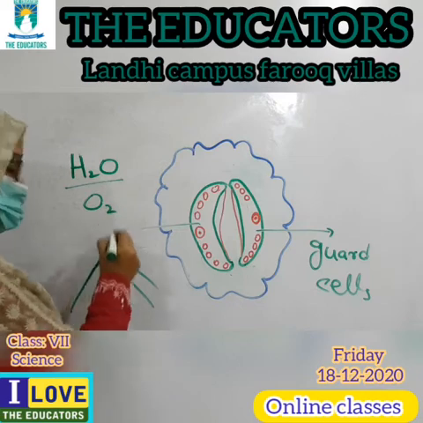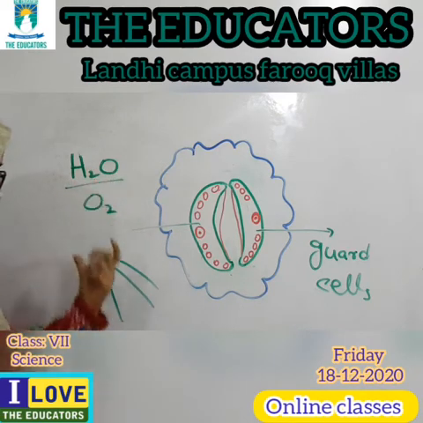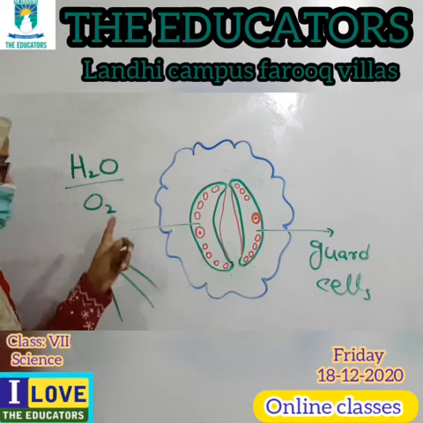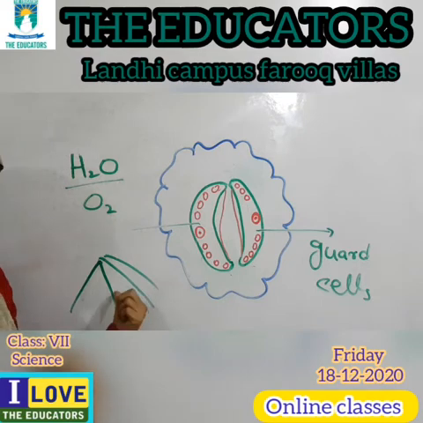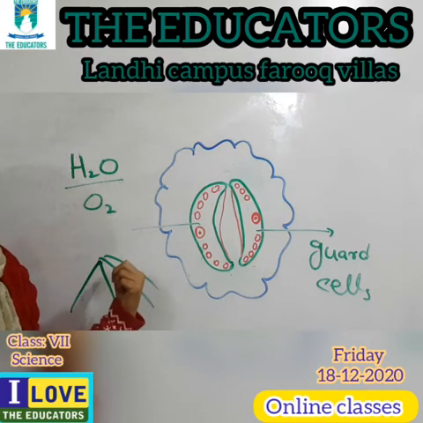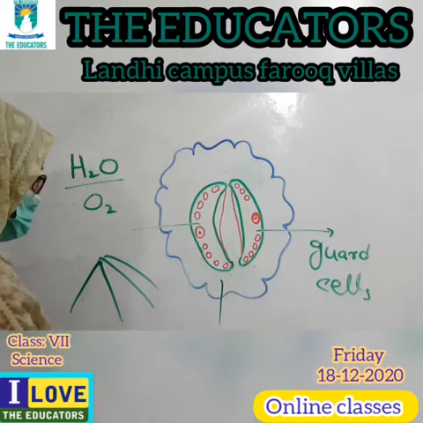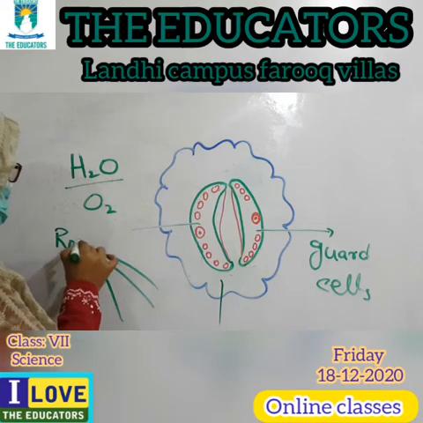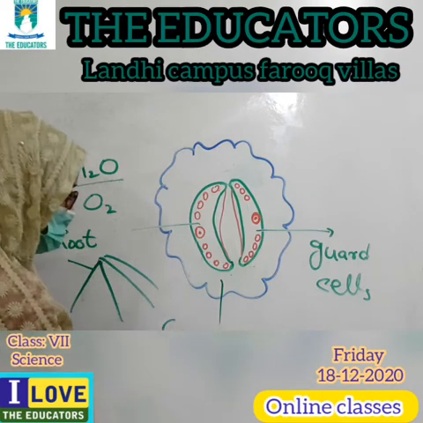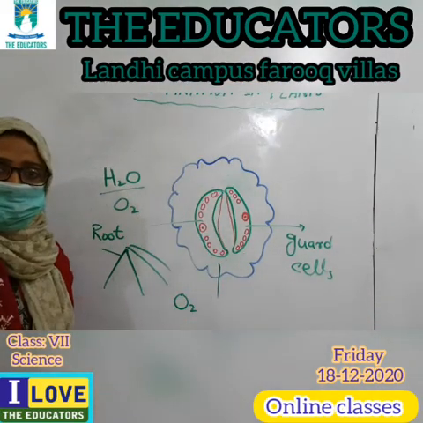This water is absorbed by the root, and the oxygen already in the water enters the plant cell. So there are two things, one is the stomata and the second is the roots. From these, oxygen enters the plant.